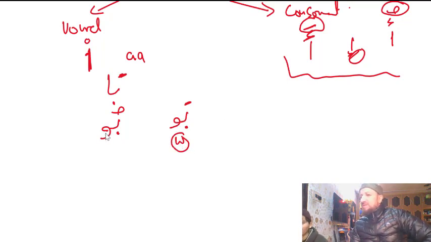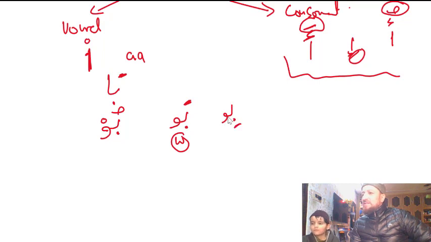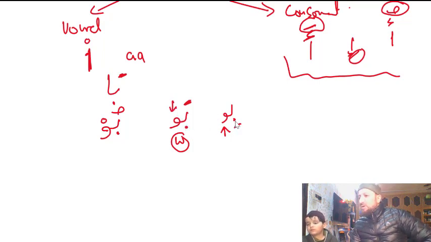Listen carefully to what I'm saying. In the earlier case, this wow is not giving the W sound. It's acting as a vowel because it has a sukoon on it and the preceding letter has dhamma on it. If the preceding letter does not have a dhamma, for example if it has fatha or kasra, then this is not a vowel, it's a consonant, so it will give the W sound, as in ba, wa.